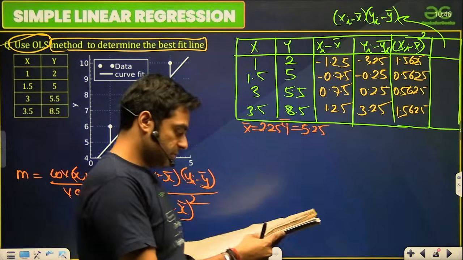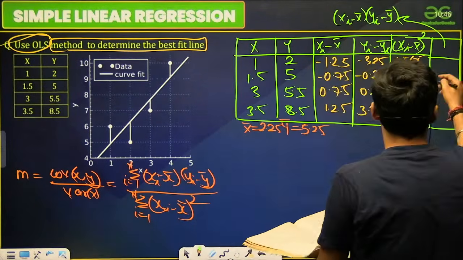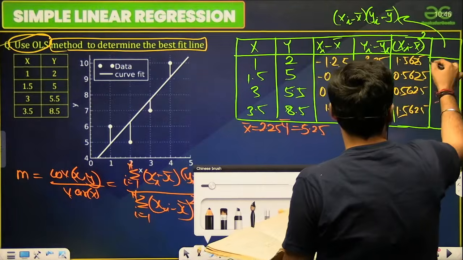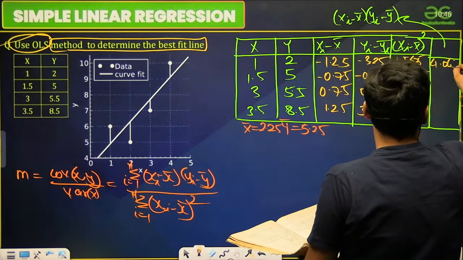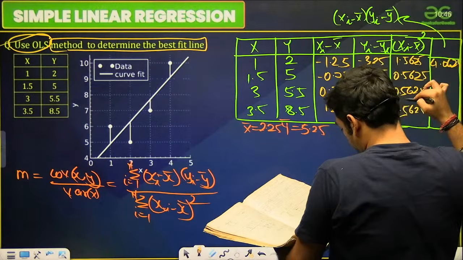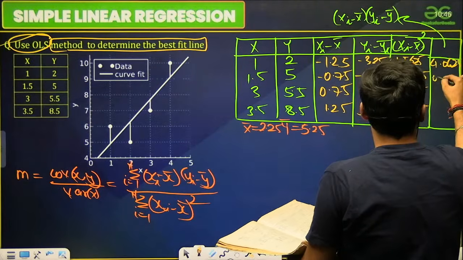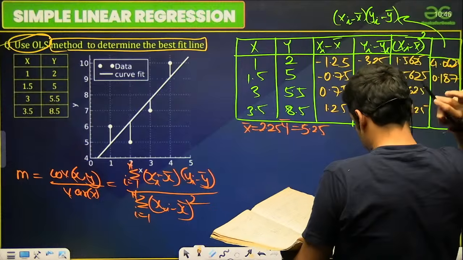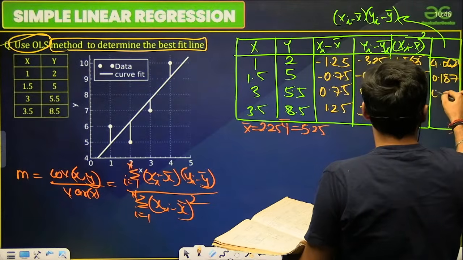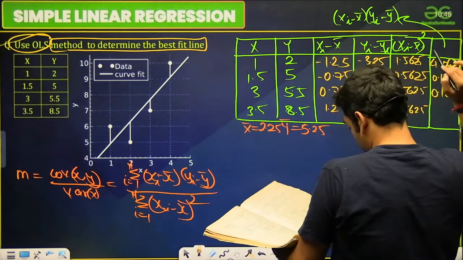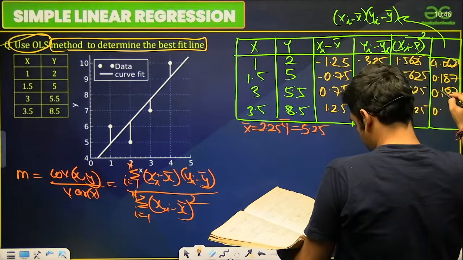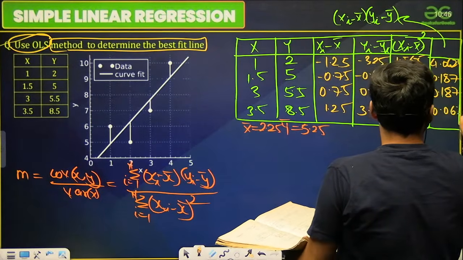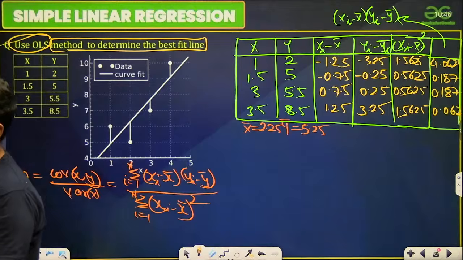So that is how much I would be getting, 4.0625, then 0.1875, 0.1875, and 0.0625. So these are the values, right?